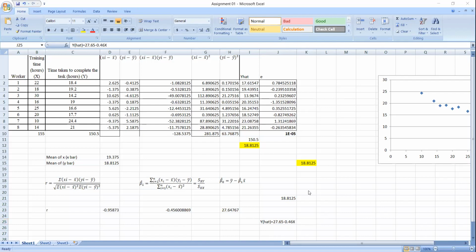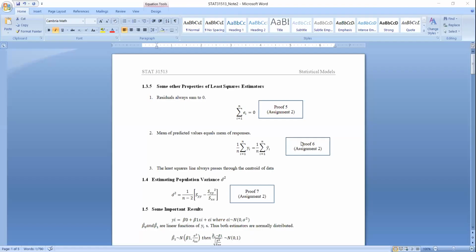So you can see all these three properties. It satisfies the fitted regression model. It's satisfying all these three properties. Not only for this data set, for any given data set, you can see all these properties when you fit a simple linear regression model. And actually we can prove all these properties.